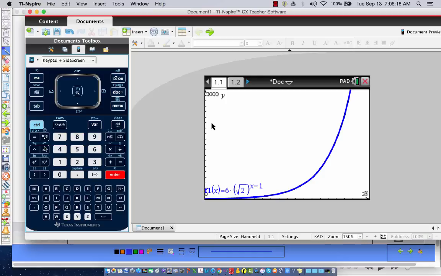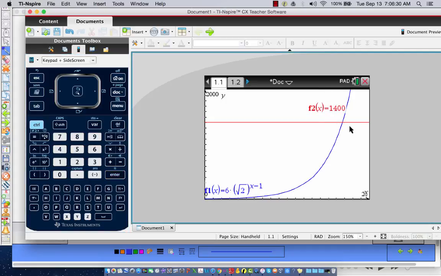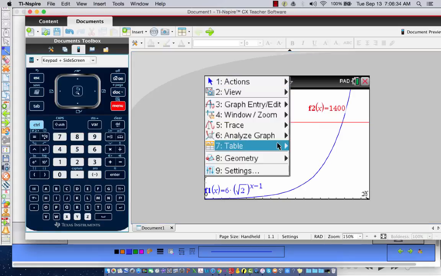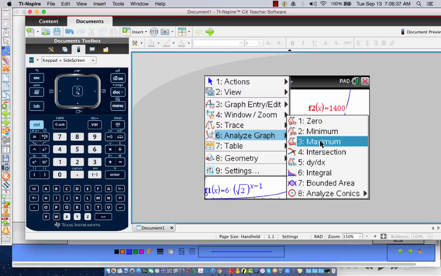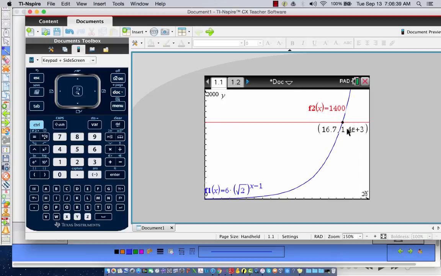And then I can graph the function f of x equals 1400, right? And so that graphically shows me the x value where it equals 1400. So I can find the intersection, analyze graph, intersection to the left, to the right, and I get my 16.7 there. So from there, I can see that it'll be the 17th term.